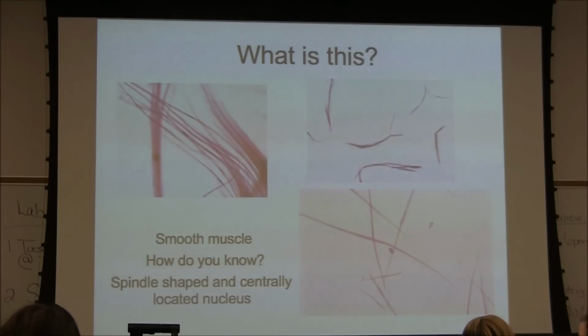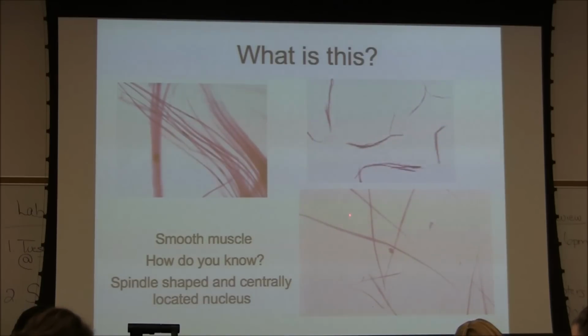So, smooth muscle is spindle-shaped and has a centrally located nucleus. So we have this kind of almond or eye shape to it where it's thicker in the center and tapered towards the sides. You can see that up here as well and over here.